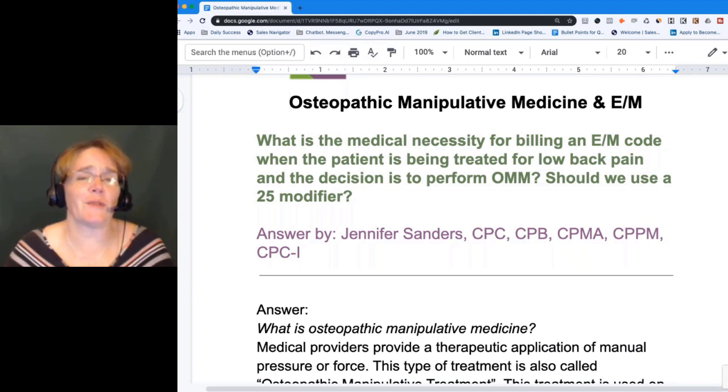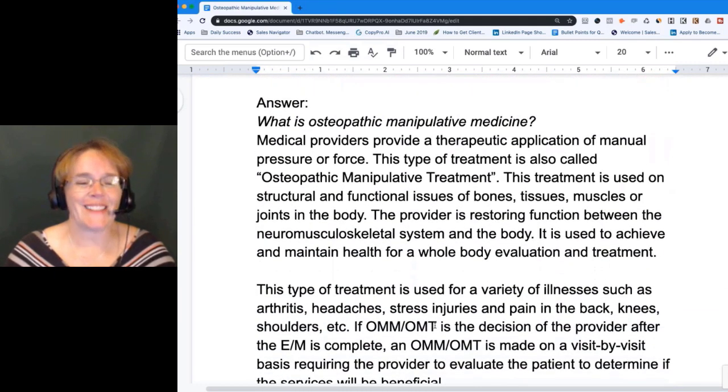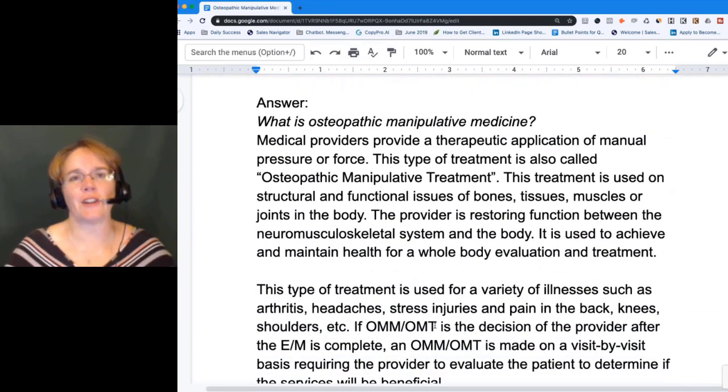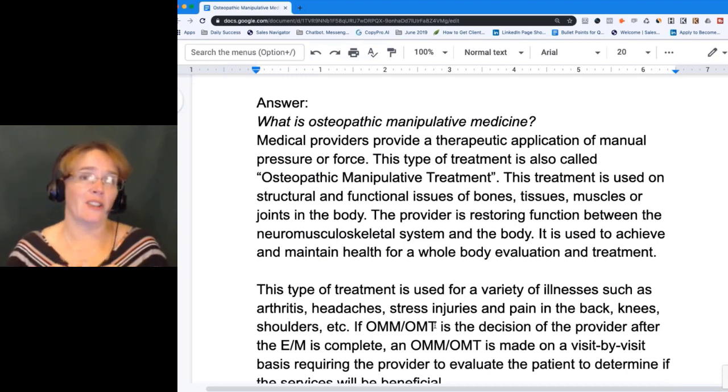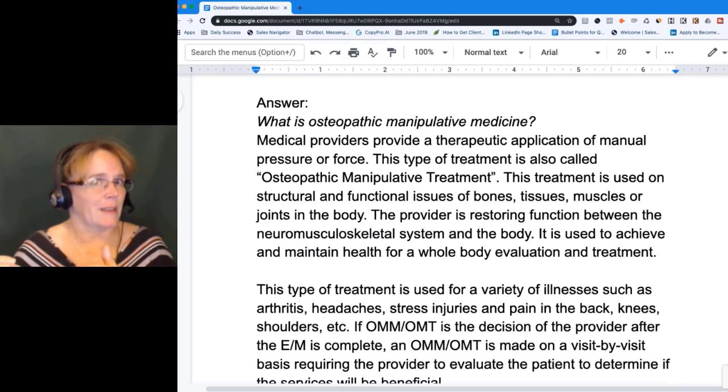So first, some of you are probably wondering, what is osteopathic manipulative medicine? Medical providers are going to do a manual therapeutic application of pressure, or they say force, into a body area. It's not chiropractic. A lot of people think that's chiropractic.